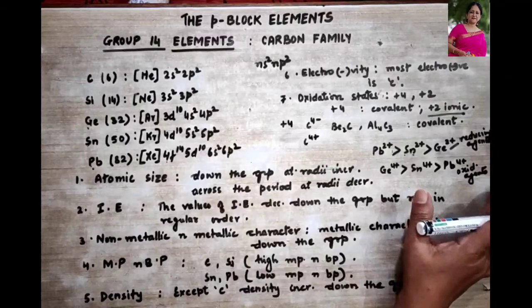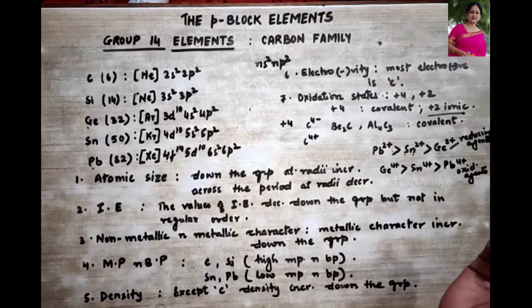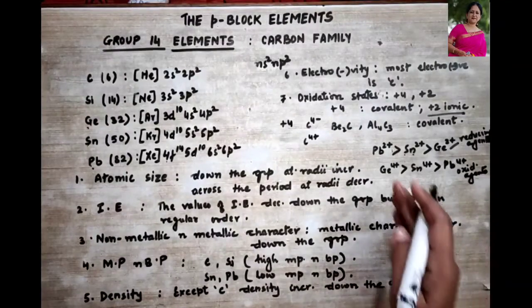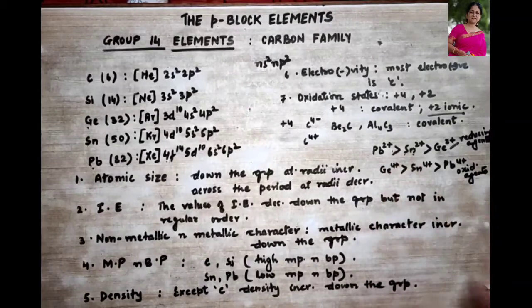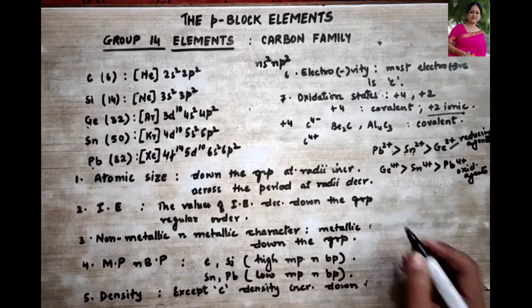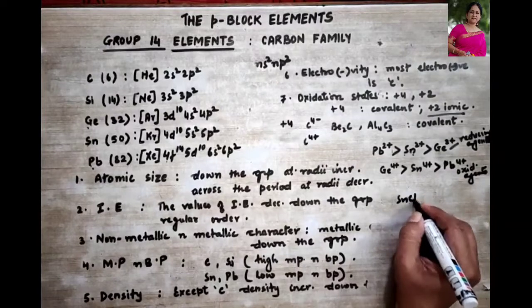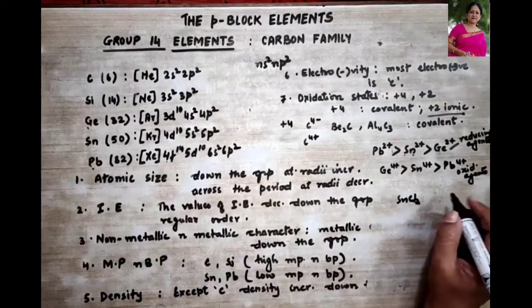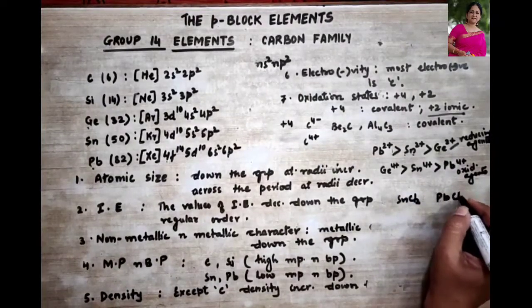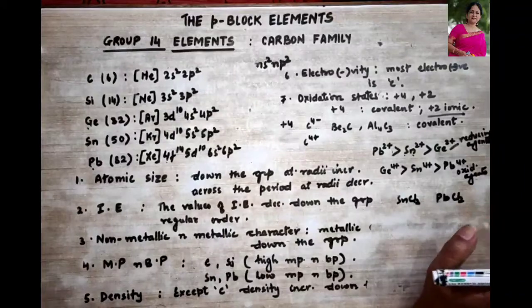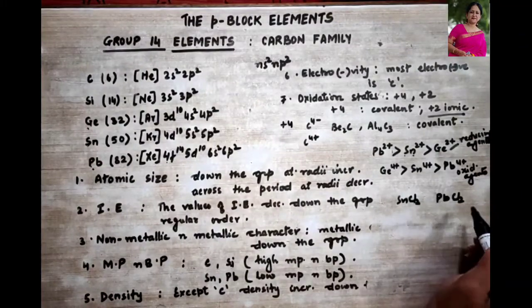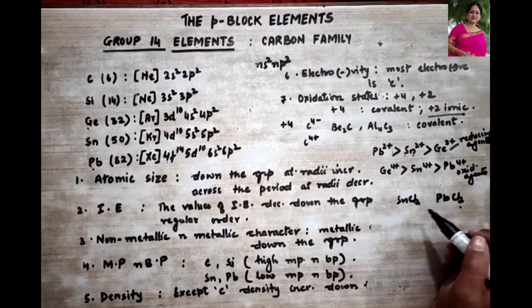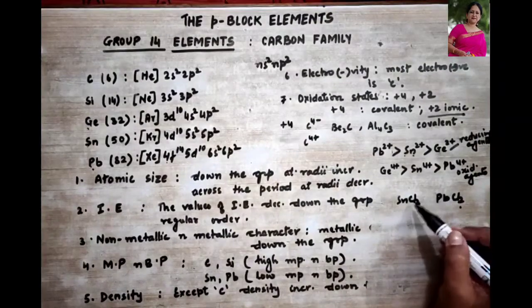Now, some more points to be explained. I'll just rub this much part and then explain it to you. Now, since SnCl2 is less stable than PbCl2, isn't it? So it is a better reducing agent than PbCl2. Who is the better reducing agent?